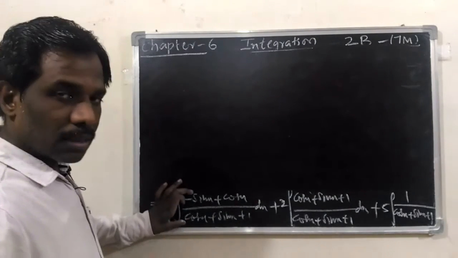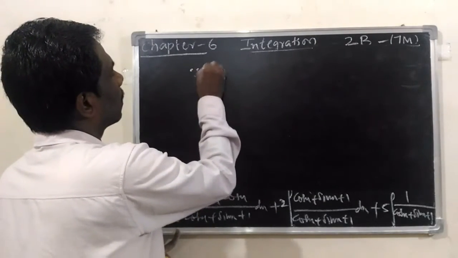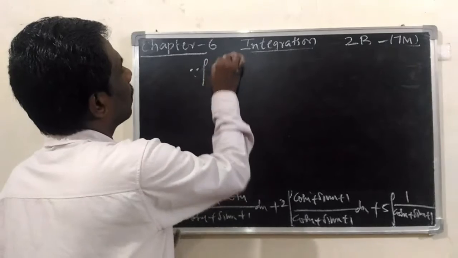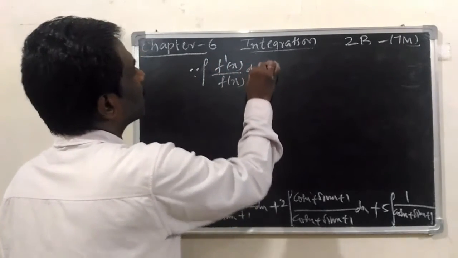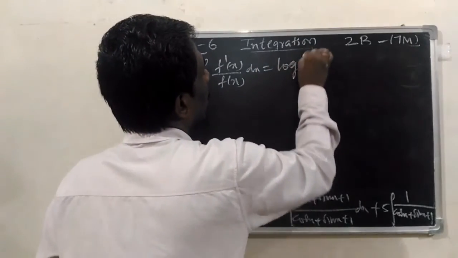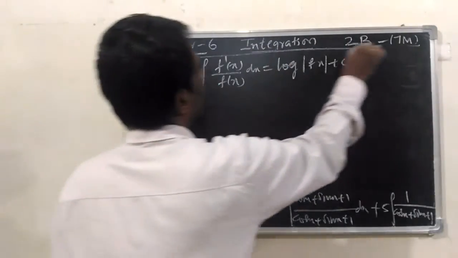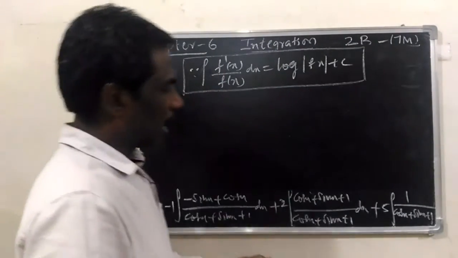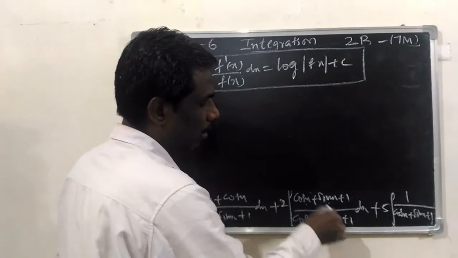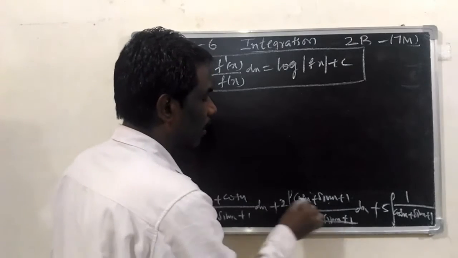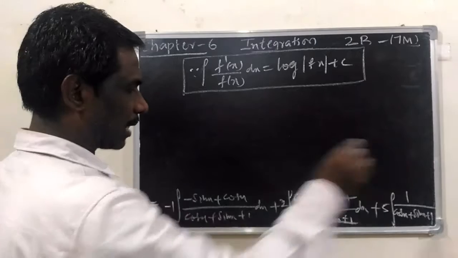It means this is in the form of f dash x by f of x. Since integral f dash x by f of x into dx is equal to log mod f of x plus c, that is the formula. And this is the second part, cos x plus sin x plus 1, cos x plus sin x plus 1, both the numerator and denominator are the same, so we can cancel them one time. So that is as it is.